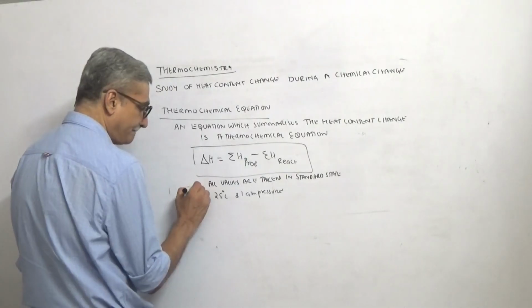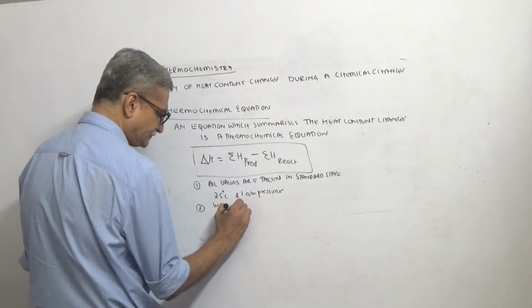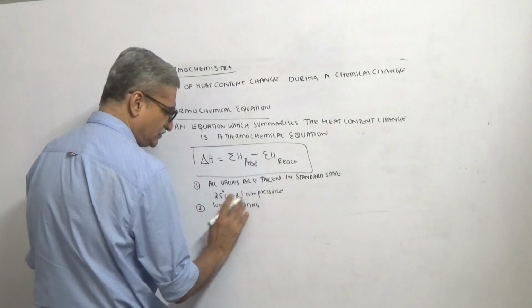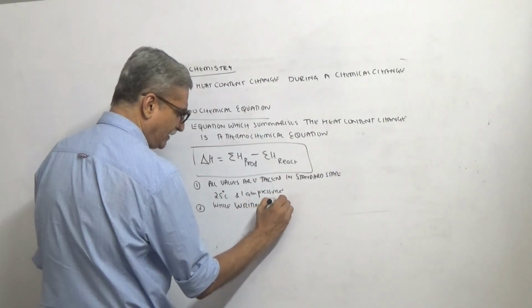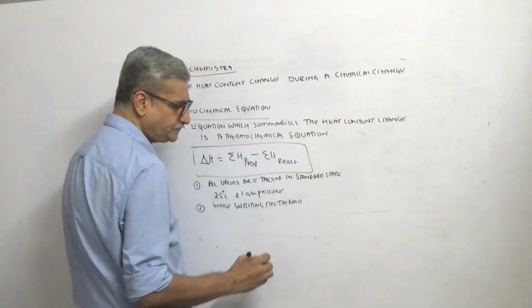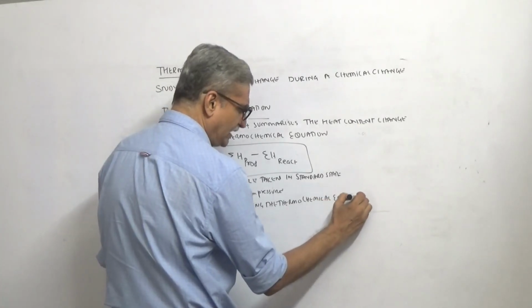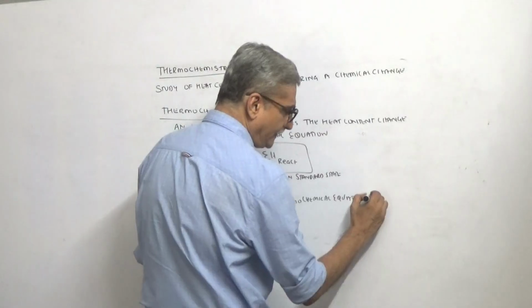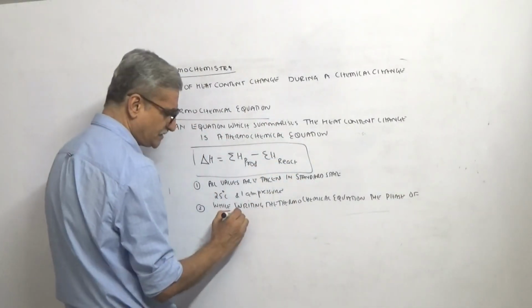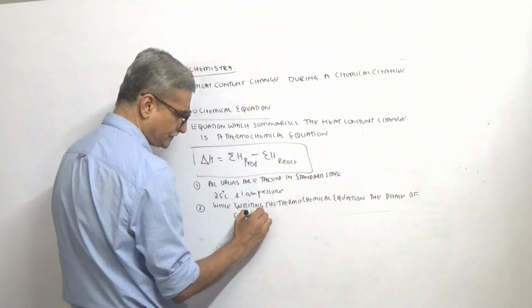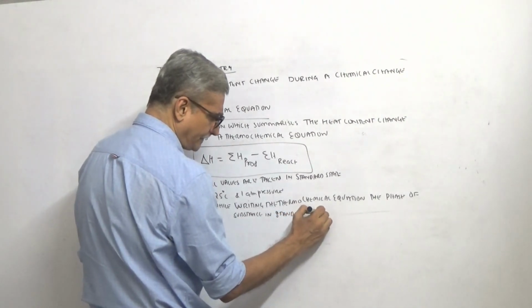First point, all values. Second, while writing the thermochemical equation, the phase of substance in standard state must be mentioned.